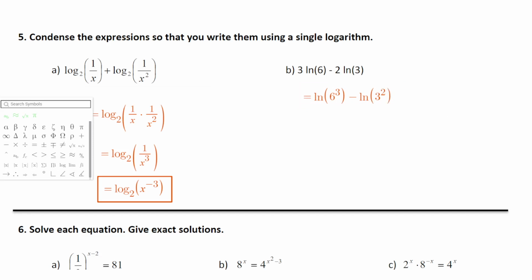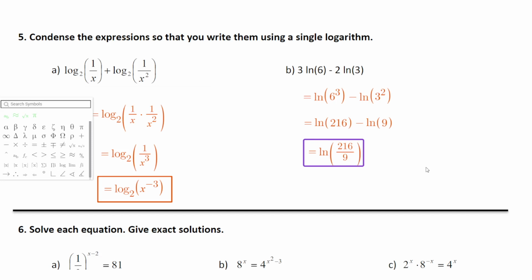Now 6 cubed is 216, 3 squared is 9, so we've got natural log of 216, not 261, minus the natural log of 9. And so we can rewrite this using that quotient property, 216 divided by 9.